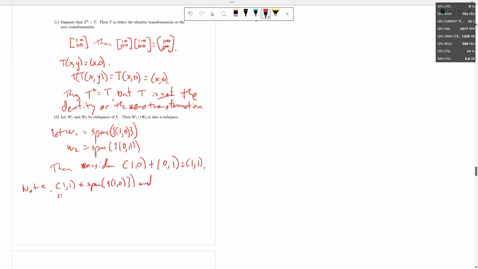And (1, 1) is not in the span of the set containing (0, 1). Thus, (1, 1) is not in the span of the set containing (1, 0) union with the span of the set containing (0, 1). So (1, 1) is not in W1 union W2.